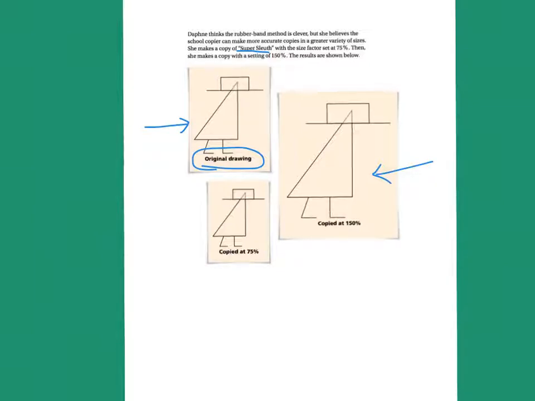the task board. Whenever we have an original drawing, like the one I just pointed out right here, this would be our original drawing. Whenever we enlarge it or shrink it, that has a name and we call it the copied image, which you would have written down in your vocabulary chart.